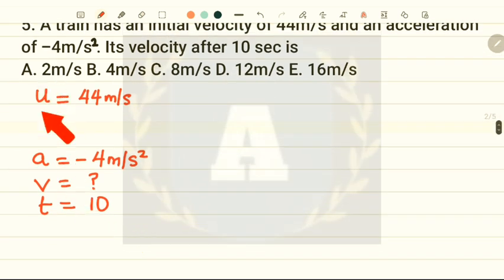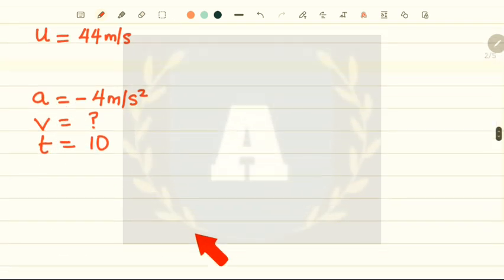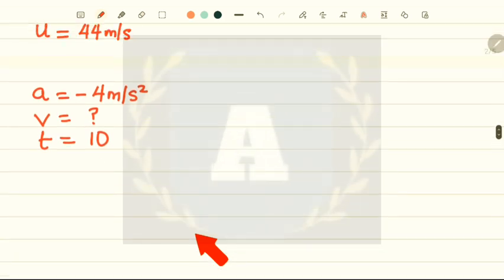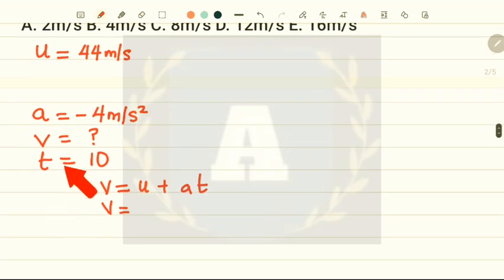So you have the parameters, and you use the equation that says v equals u plus at. The final velocity is unknown, that's what we want to know. The initial velocity is 44, plus the acceleration, which is minus 4, multiplied by the time, which is 10.